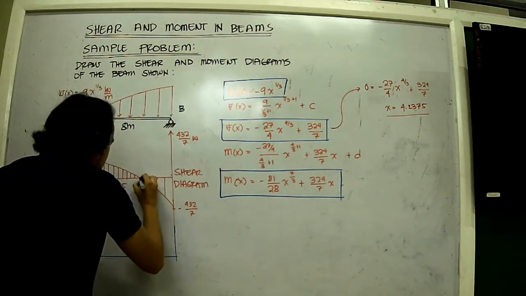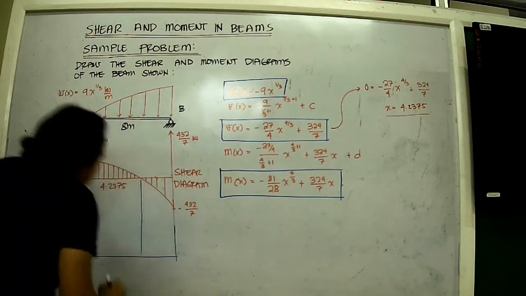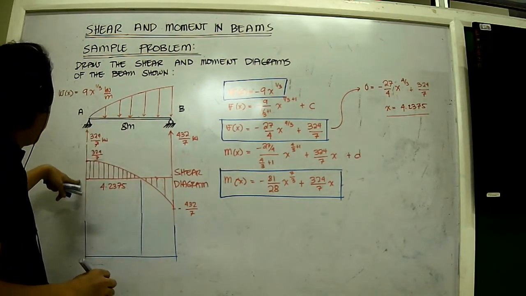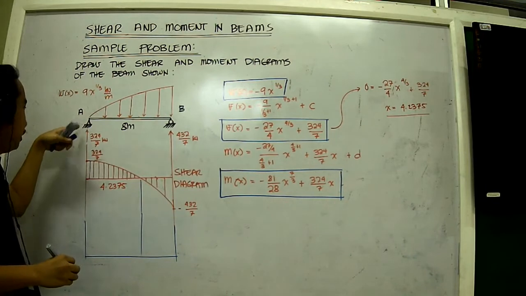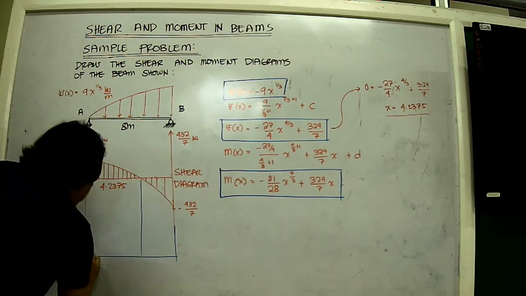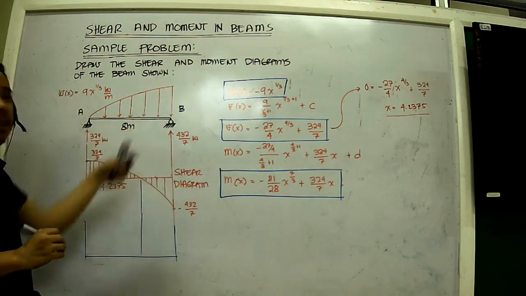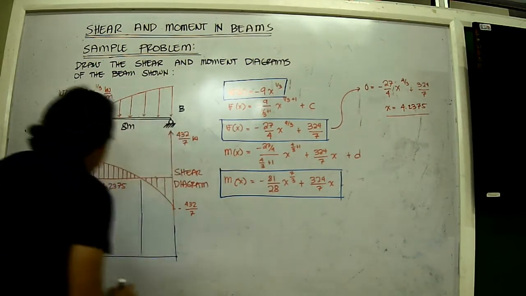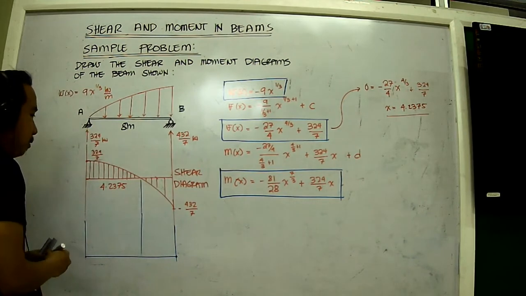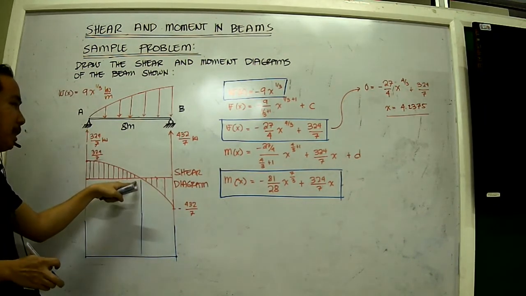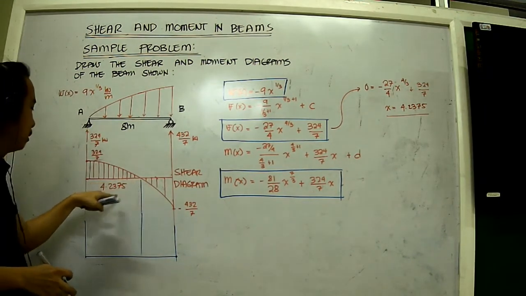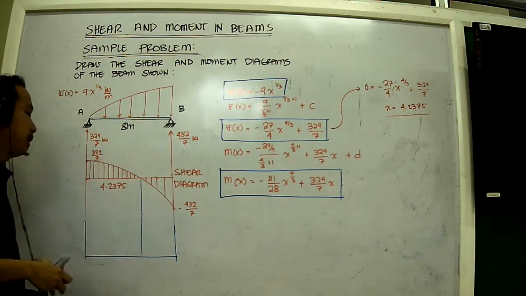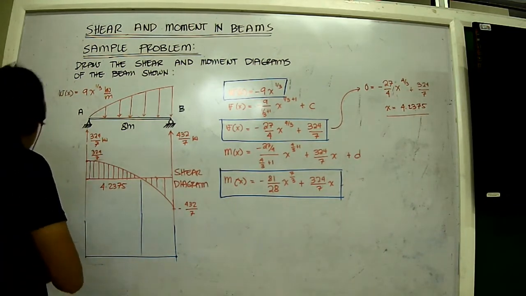Now, we have to take note that at A, this is a pin. So, pin, 0 moment. At B, that is a roller. So, roller is also 0 moment. Now, the only moment here, the maximum, is at this point, which is 4.2375 from the leftmost support.